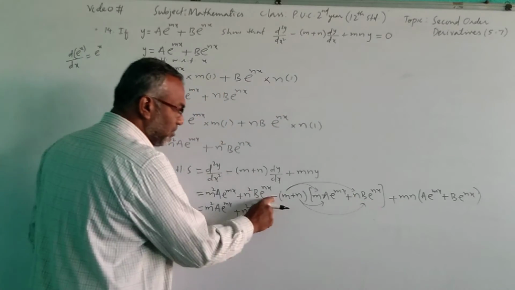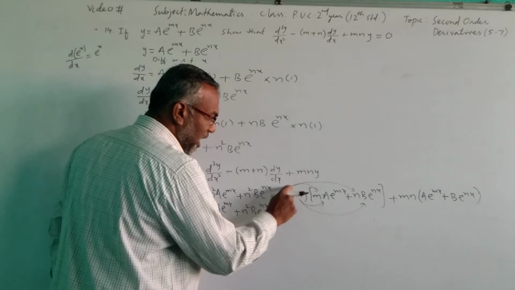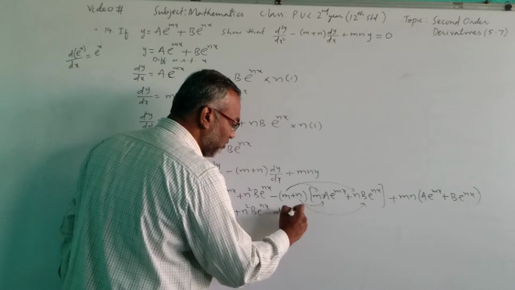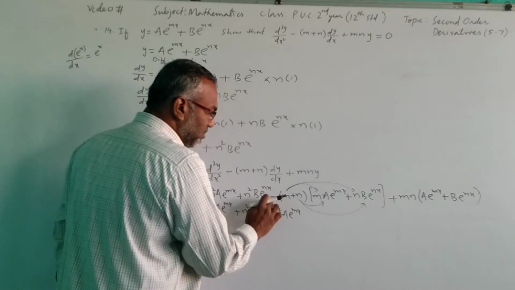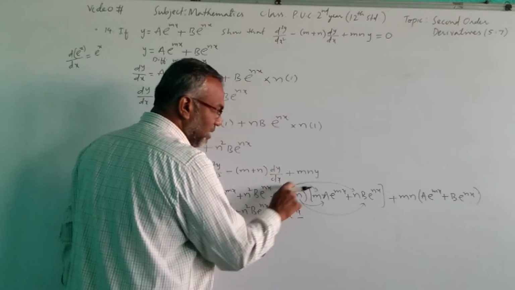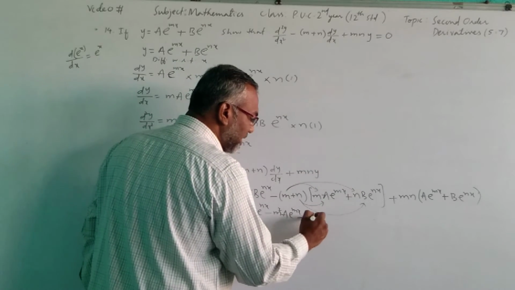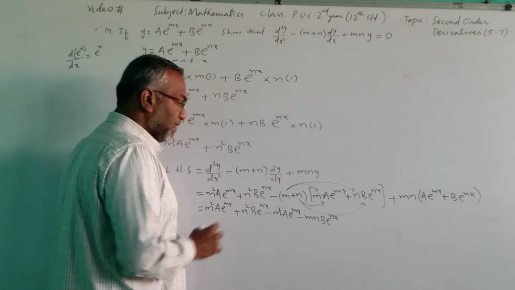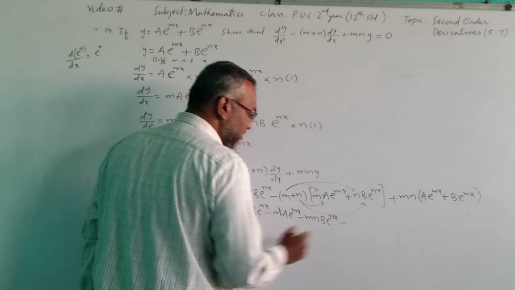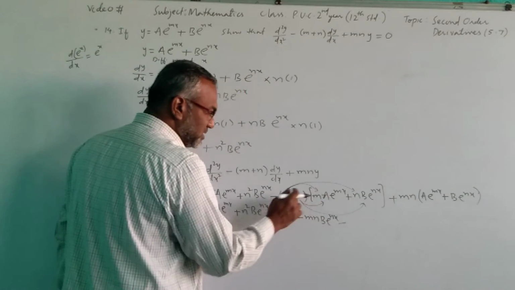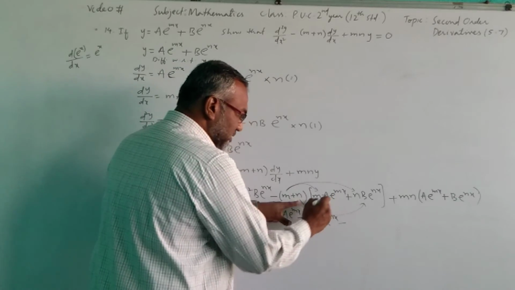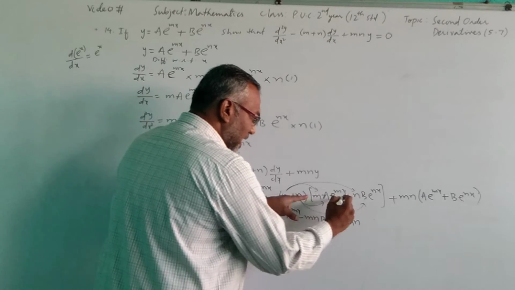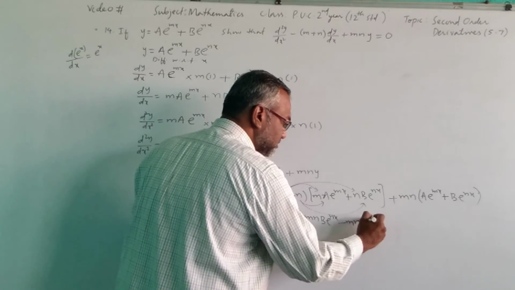So minus into plus is minus, m into m is m square a e to the power of mx. Then minus into plus is minus, m into this becomes mn b e to the power of nx. Then minus into plus is minus, n into this becomes mn a e to the power of mx.